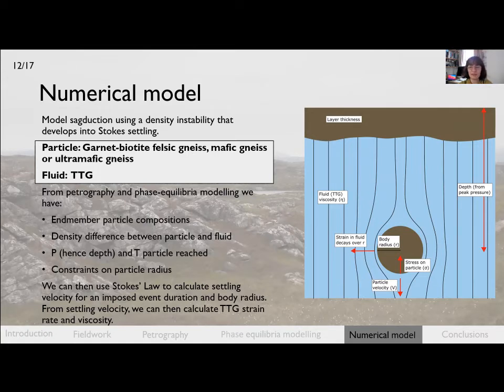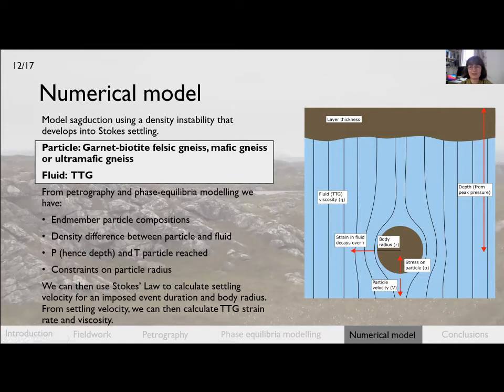Using Stokes settling law, we can then calculate the stress on the falling particle and the strain rate in the fluid. From this, we can obtain the viscosity the TTG fluid must have to allow sagduction for a sagduction event with a specific set of parameters like the density difference between particle and fluid, the radius of the particle, the distance the particle has travelled, and the duration of the event.